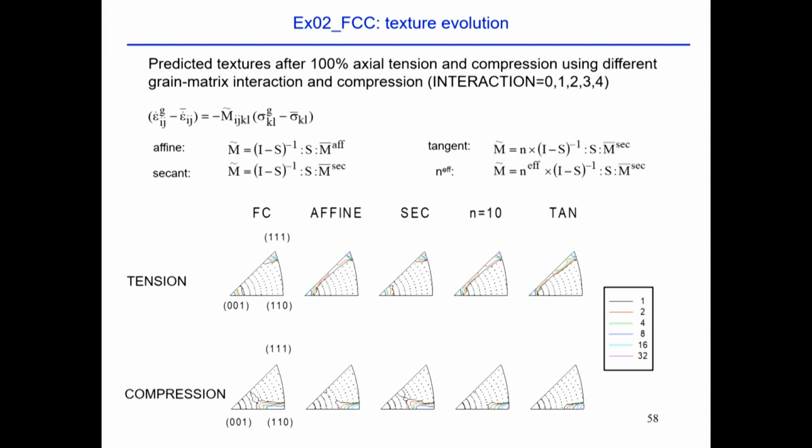Now, the other interesting thing is that in compression, you see that the tendency is for the 1-1-0 direction of the grain to align with the tensile axis. However, there is a shift here, which is not so obvious in these simulations, in the tangent.